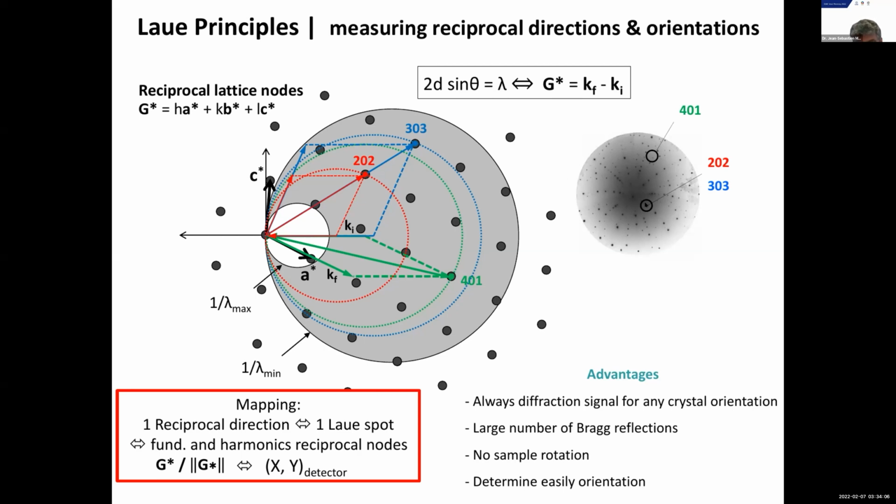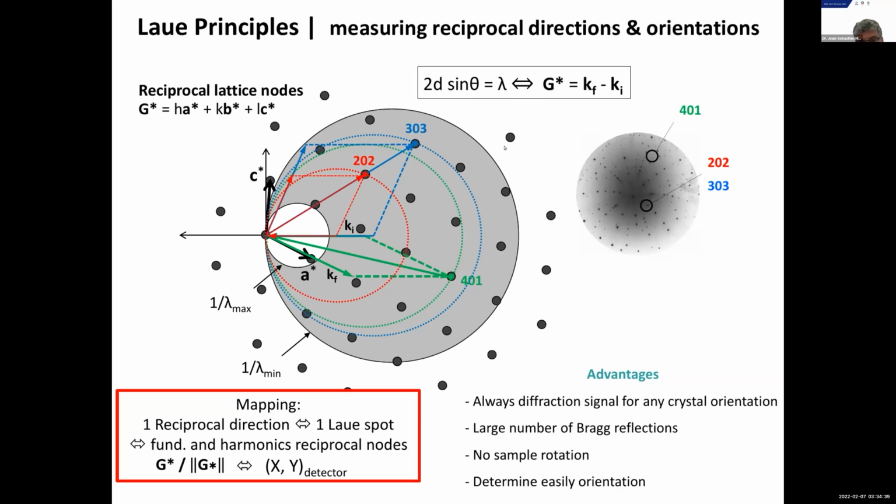So the conclusion is that a single pixel or a single point on your detector corresponds to a direction in reciprocal space. You can imagine that the detector is at the top of the screen there, and all the photons that will be reflected on the 202, the 101, also the 303, will hit the detector at the same position.